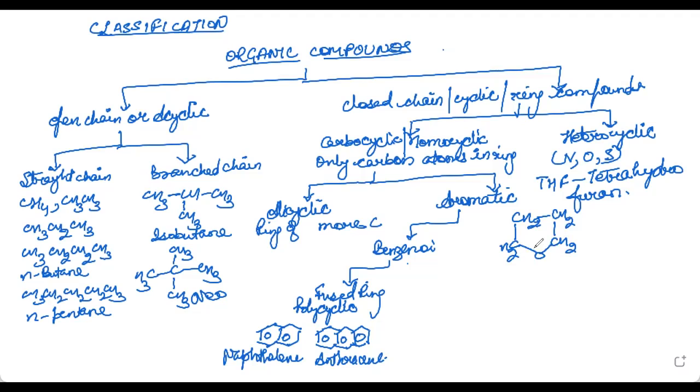Okay, then the next example is furan. In case of furan, we have this ring. Hope you can write the carbon atoms. So it is CH, CH, CH, CH. So this is furan.